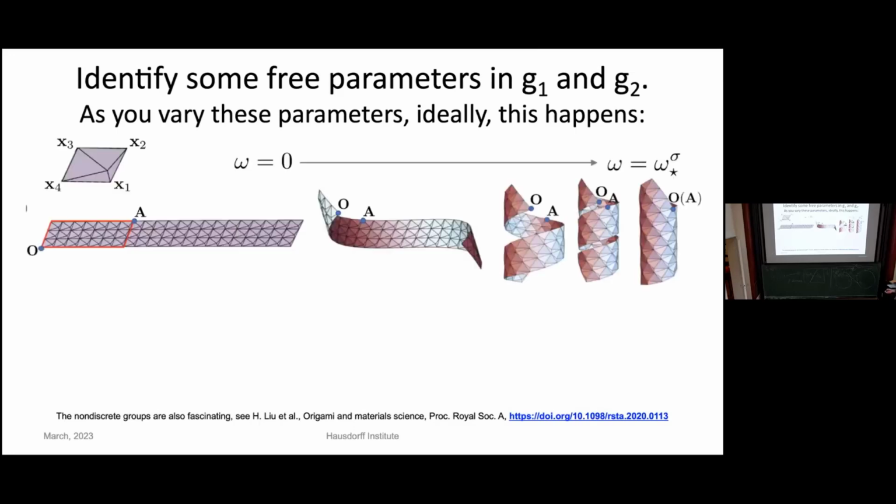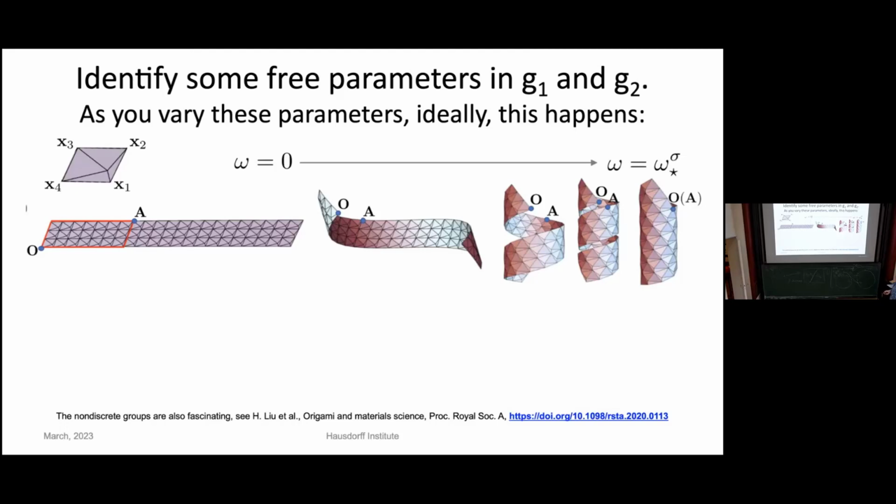Ideally, the tiles would begin to deform, and this thing would begin to roll up. As you continue to deform the tiles, it would roll up and perfectly match and form this cylinder, a bumpy cylinder with the tiles on the side.